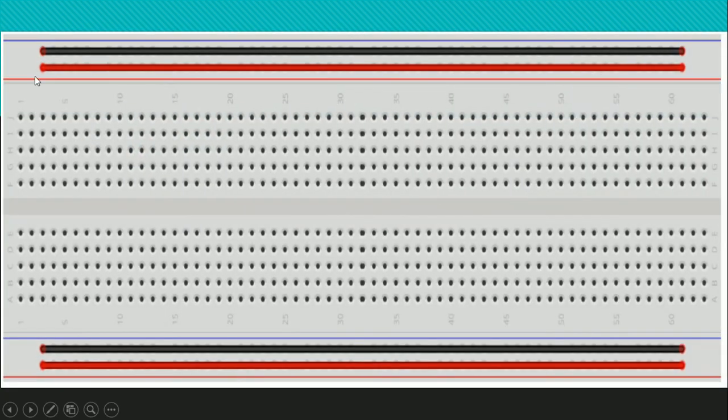Okay, what is this illustration? This just means, for example, if you connect the power source from the Arduino to one point, all the other points will also be power sources.